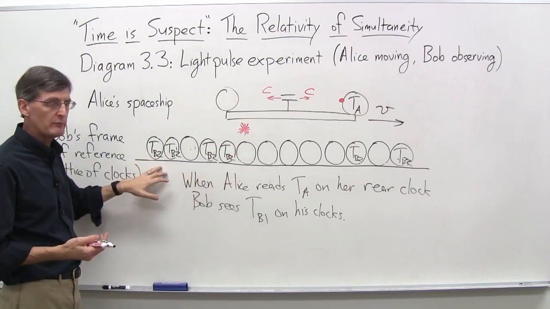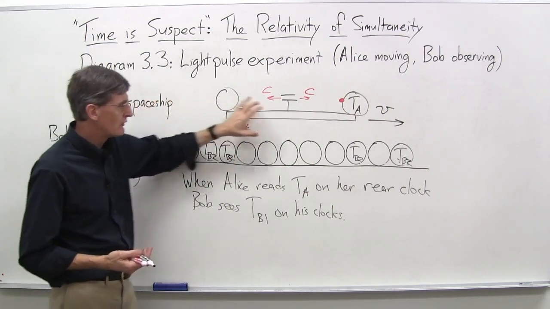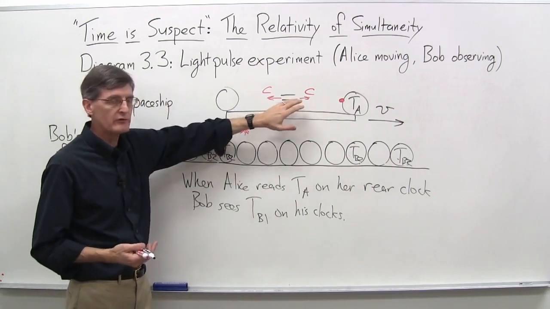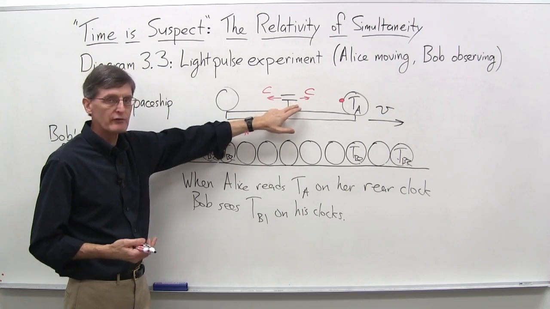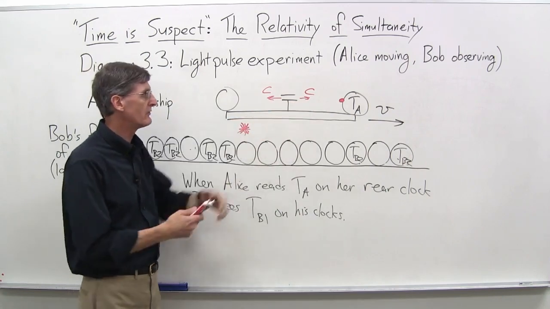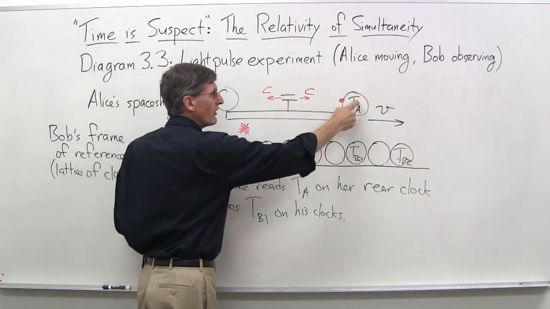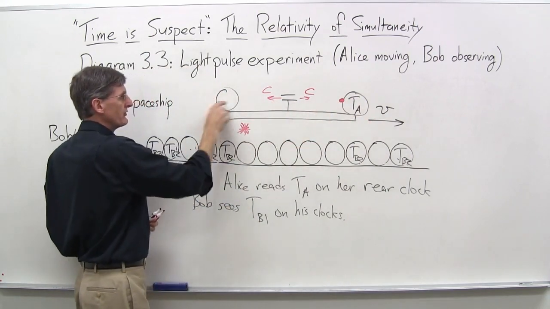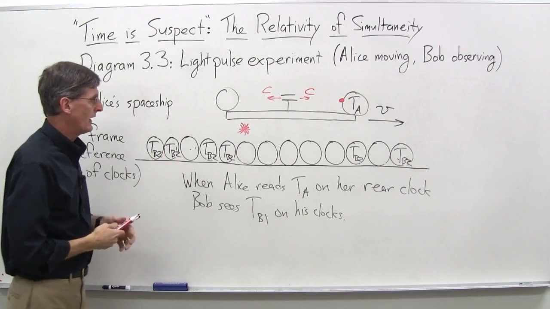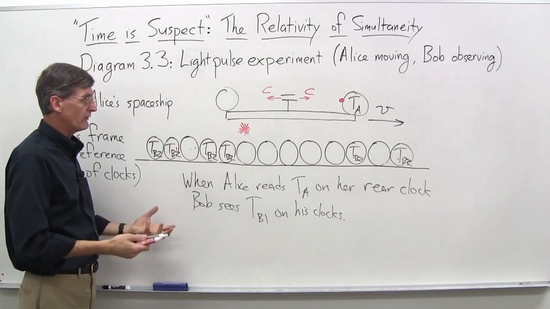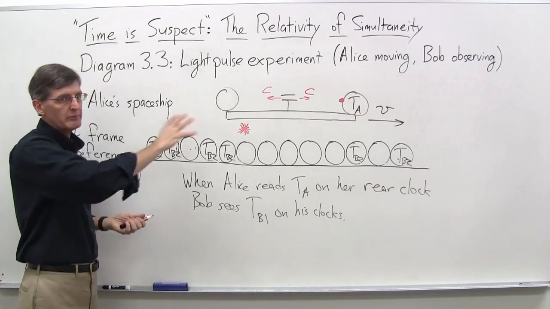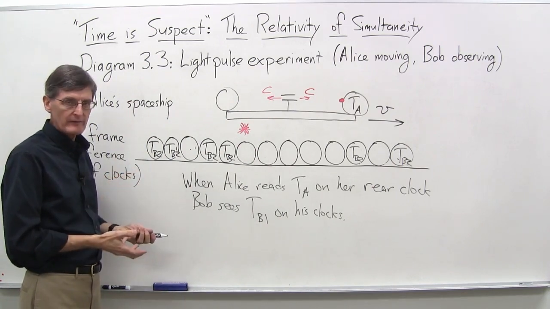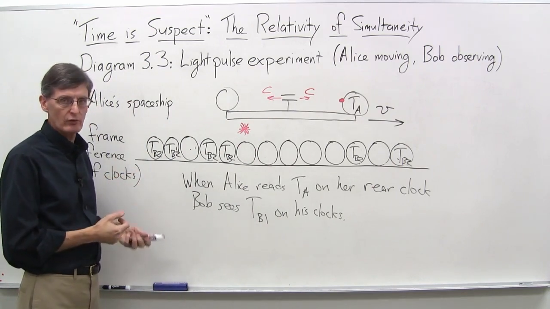And yet Bob, observing Alice going along here, observes the light pulses, Alice observes them at velocity c, Bob also observes them at velocity c, which means that this light pulse takes longer to reach that clock, which is moving away from it, than this light pulse takes to reach that clock as it's moving toward it. And therefore, that's where you get the differing opinions on whether the two light pulse hits on the clocks were simultaneous or not.